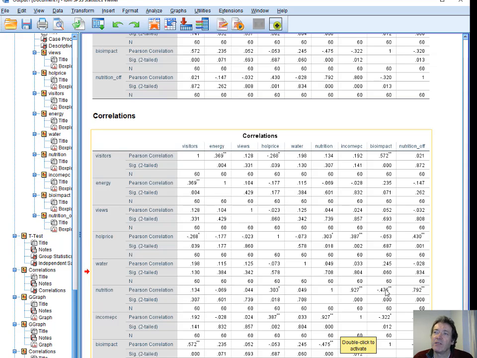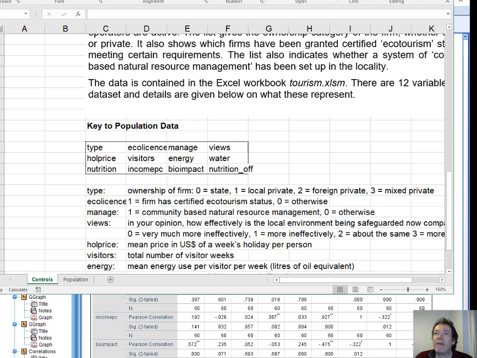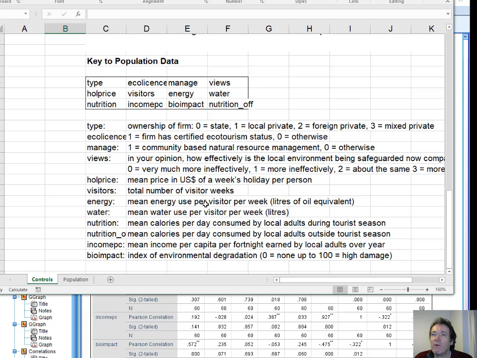that's an interesting one. So this is the connection between nutrition and bio impact. So it seems that in areas where there's more nutrition, then there's a lower biological impact. And biological impact, I can't remember if that's a good thing or a bad thing. Bio impact, high damage.